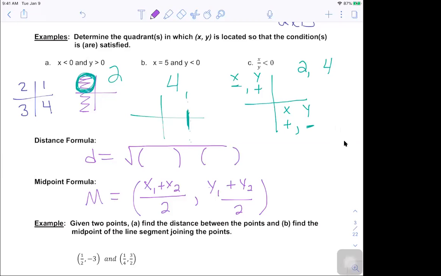I'm going to say x2 plus x1 squared, and then it's actually a y2 plus y... Oh, it's a minus. Okay, that makes sense. And then y2 minus y1 squared. Right.